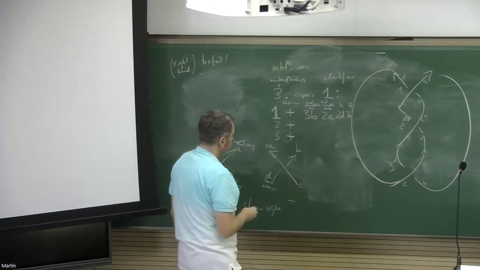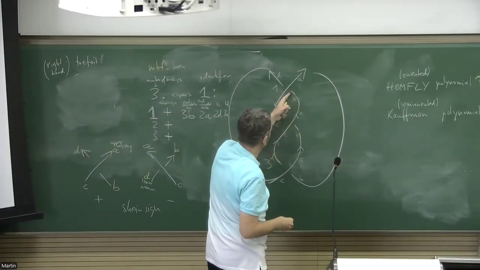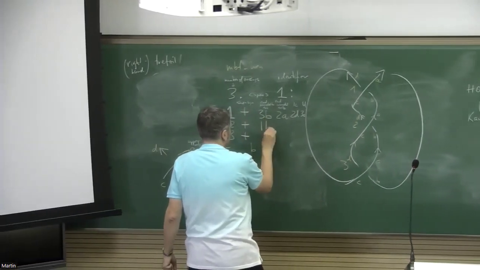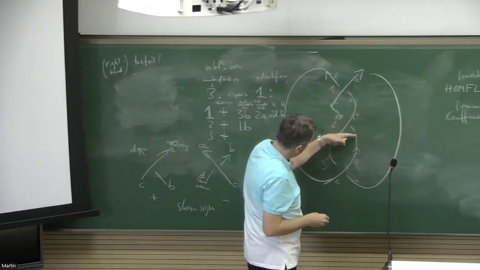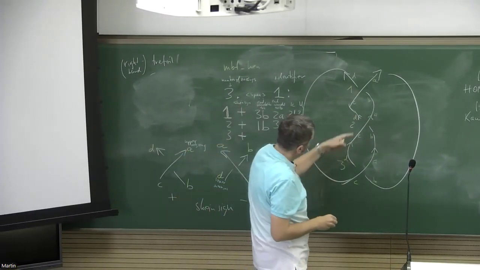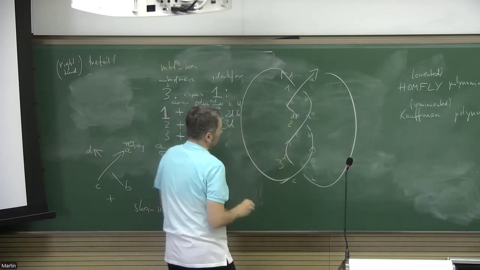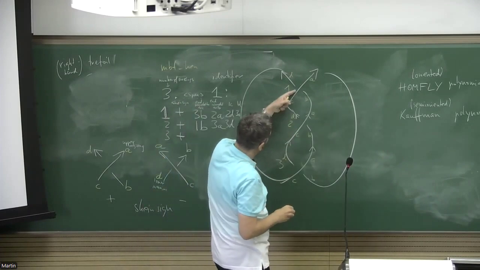So what happens with 2? 2A is connected to 1B. 2B is connected to 3A. 2C is connected to 3D. And 2D is connected to 1C.